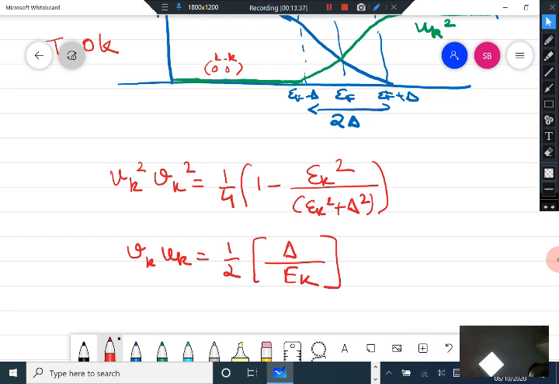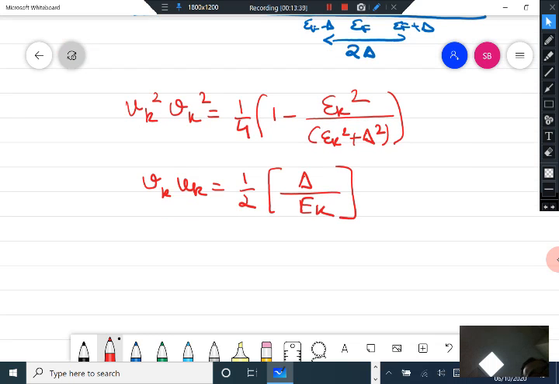Now let us try and derive how much is this energy scale delta that we have obtained. If you recall, this was V0 by 2 summation over k prime sine 2 theta k prime.